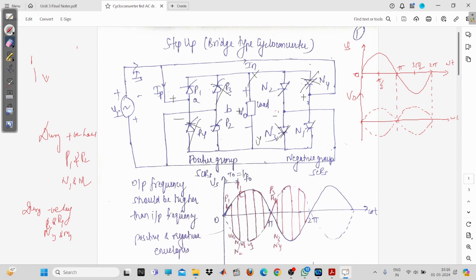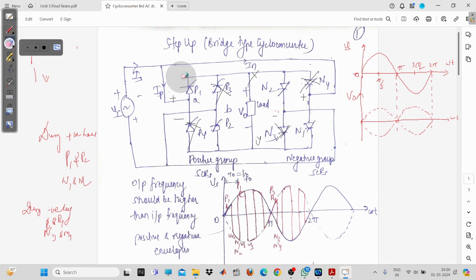Now suppose you are not giving a pulse to this positive group, and someone wanted to give a pulse to N1, N2. How will it operate? You can see here, the current will flow from the source, then reach this point. Now N1, you can see that the current is flowing in the downward direction.